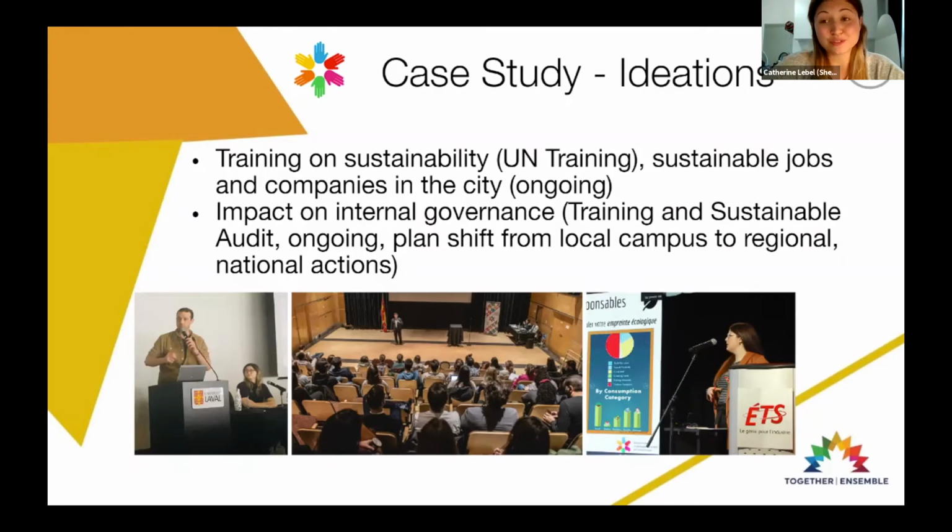For sustainability. And then the impact that all of this work had is that our internal governance was impacted, because we were spread out in a lot of different areas, and we didn't really know how to manage all this because we're also a new alliance. So we were going with our ideas more project-based.